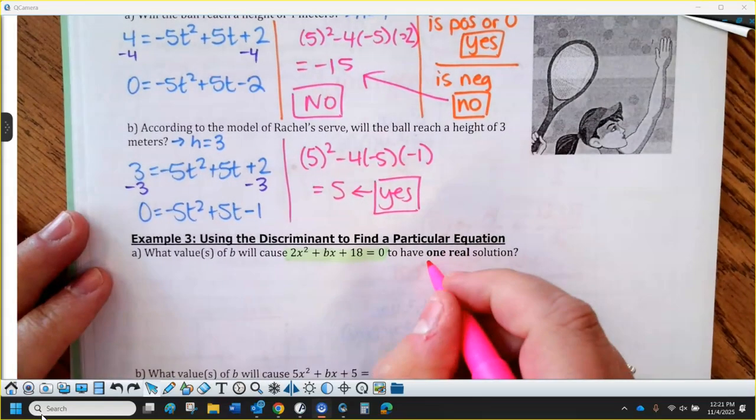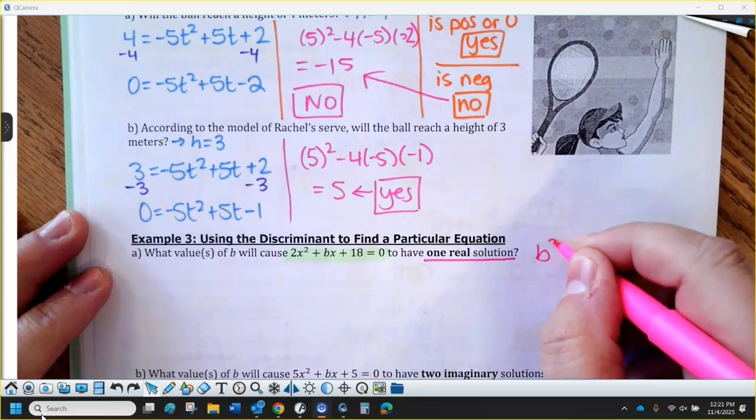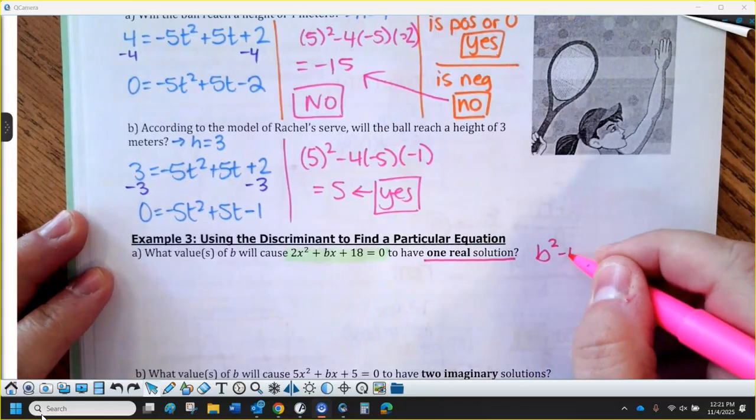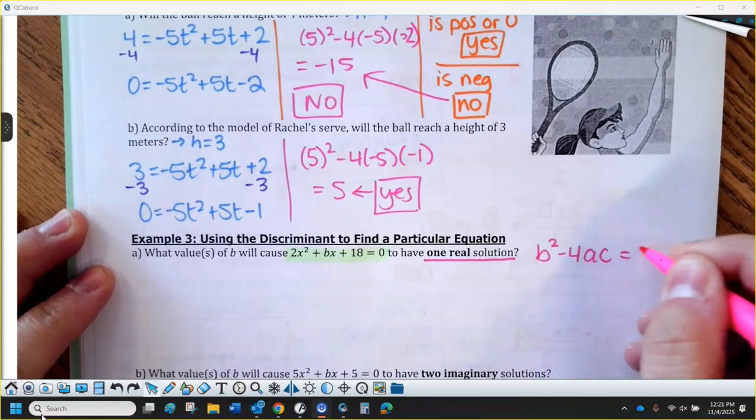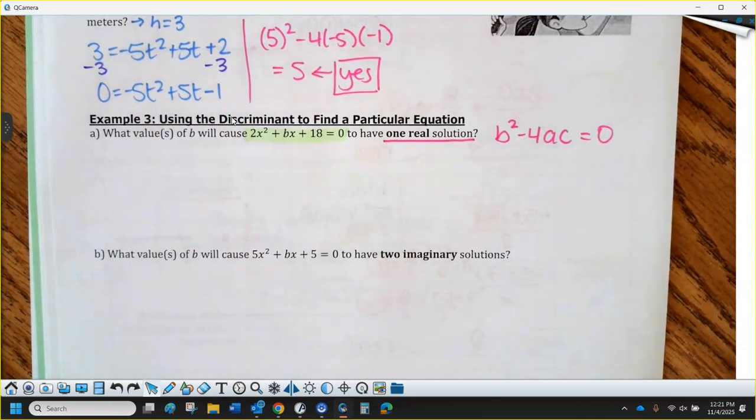Okay, now, if you remember what we were talking about before lunch, 1 real solution means my discriminant is what? 0. All right, so you can literally set this up and solve a little equation. They do give you the a and c values in the equation. We just don't know b, but I can set this all up. If I have 1 real solution, my discriminant, which is your b squared minus 4ac, has to be equal to 0.